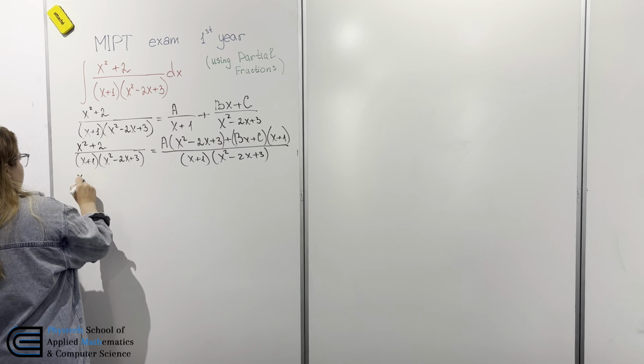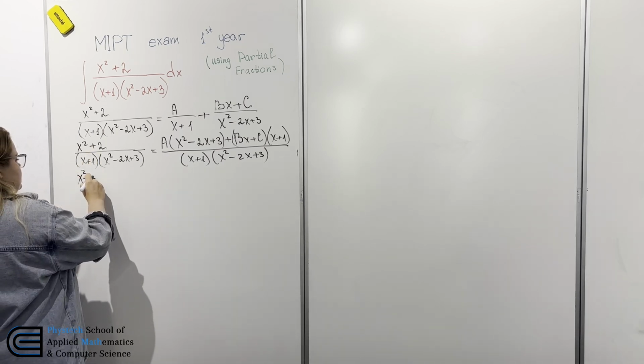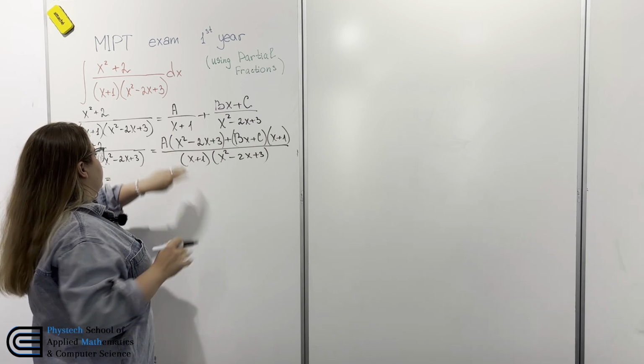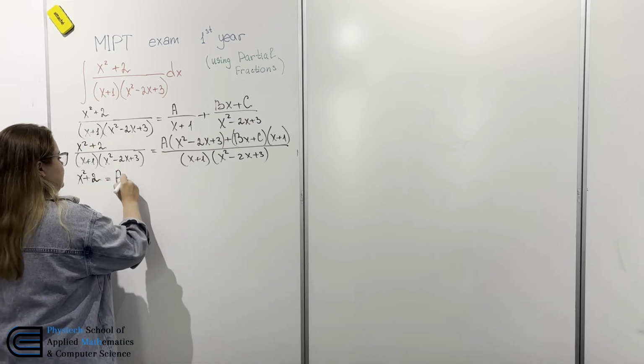So that means that x squared plus 2 equals this, and here let's rewrite it a little bit.